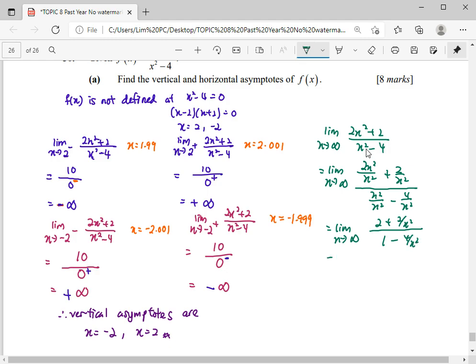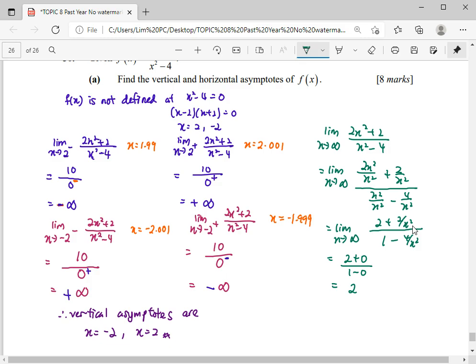Then we try to substitute infinity again. When we substitute infinity here, we notice that 2 over infinity will be 0, and then 1 minus infinity is also 0. So the answer is 2. That will be our horizontal asymptote.